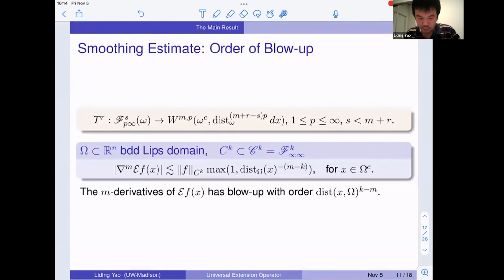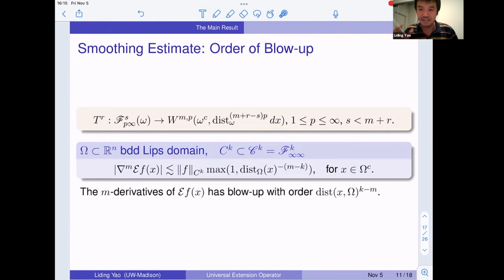Okay, so the last result might be a little bit abstract, but I just want to point out that if we apply our results to the extension operators, and we care about just p equals infinity, this will show that if we start with a C^k function, then the extended function will always be C infinity. And the m-th derivative of the extended function is bounded by the distance to the power of k minus m. So you see that the order of derivative will actually coincide with the order of the blow up of the distance function.